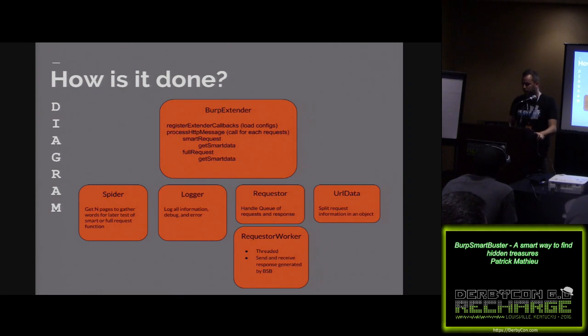From there, the code calls the function process HTTP message for any request or response. So inside the code, I just put an if that's a request made by you while you browse. Do my smart request function, and it will use the URL, parse it, and do the request based on it.